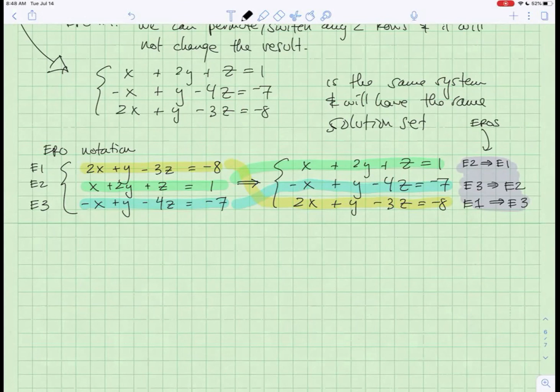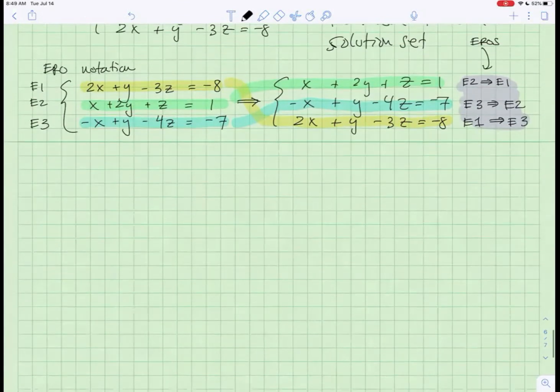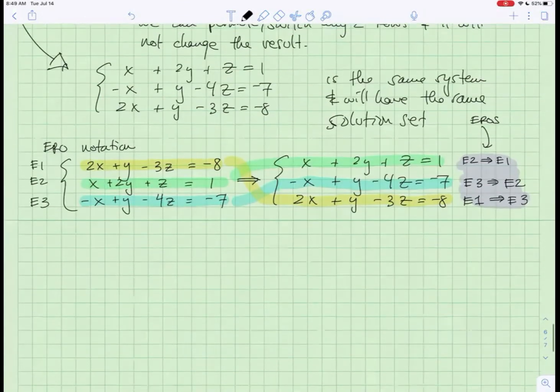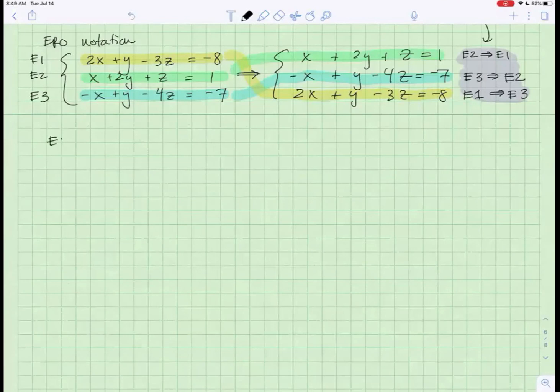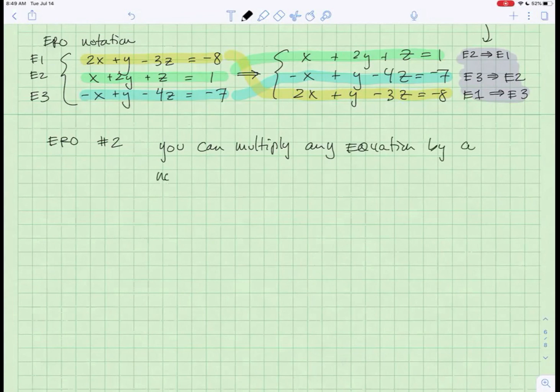Okay. The second thing that you're allowed to do, ERO number 2. You can multiply any equation by a non-zero value.